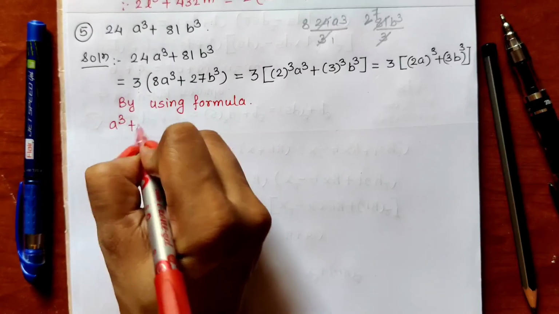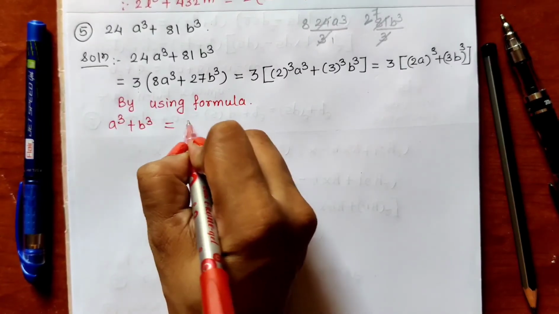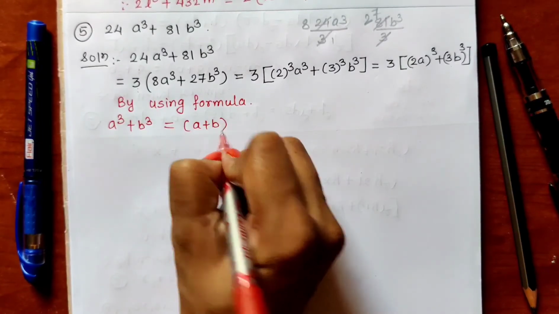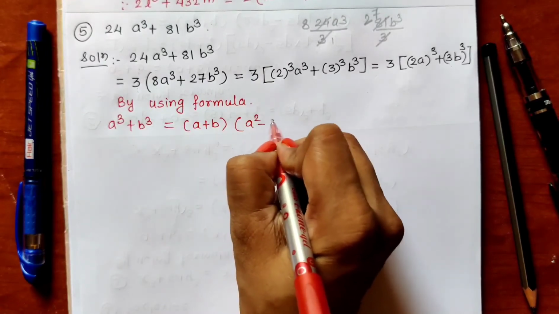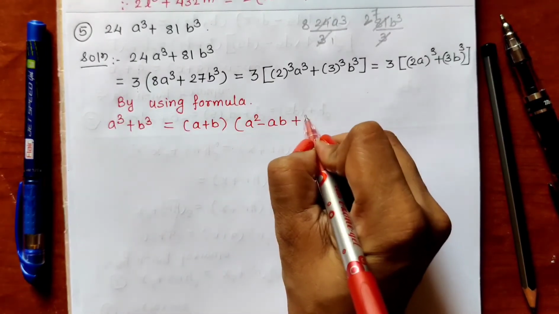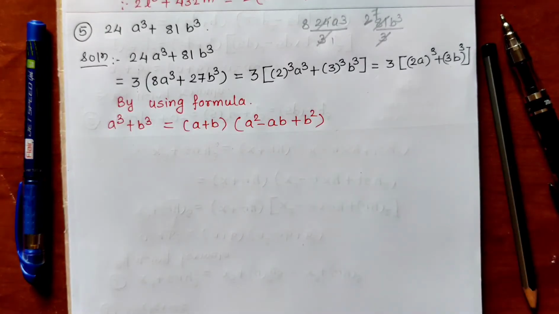a cube plus b cube is equal to a plus b in the first bracket, a square minus a into b plus b square in the second bracket.